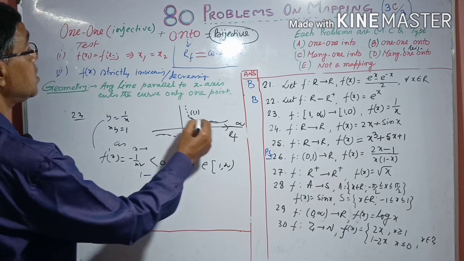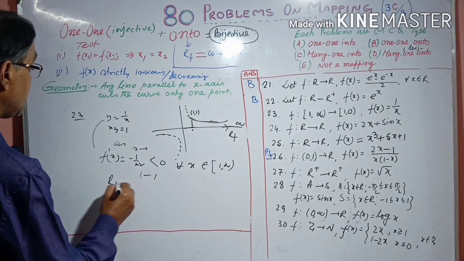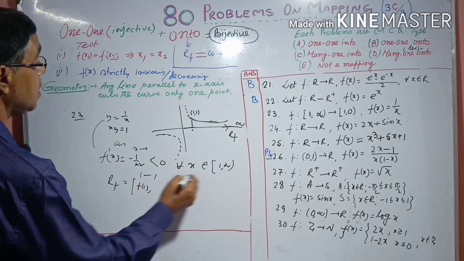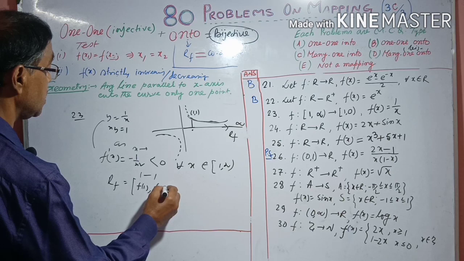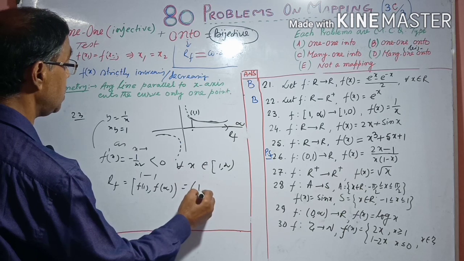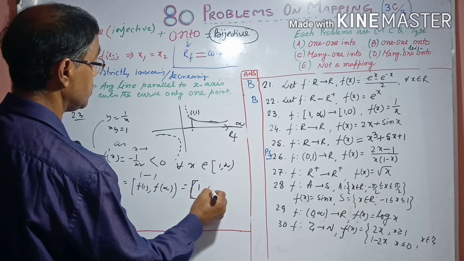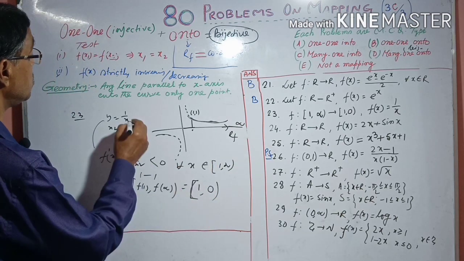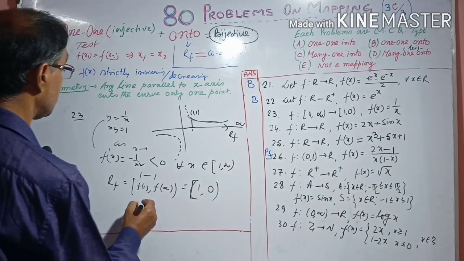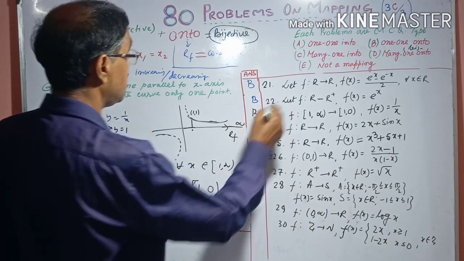Also, it is a continuous one-one function, so the range of the function equals f(1) to f(infinity), that is f(1) and 0, as x tends to infinity, y tends to 0. So it is also onto. So the result is B.